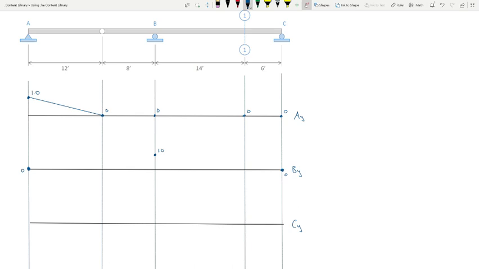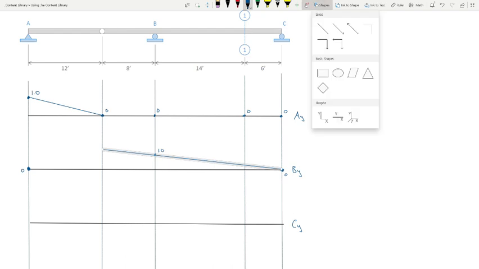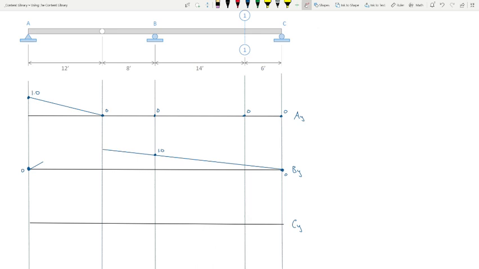This is 1, but that's higher, right? That part's higher. So the influence line is going to look something like this. That's the influence line.